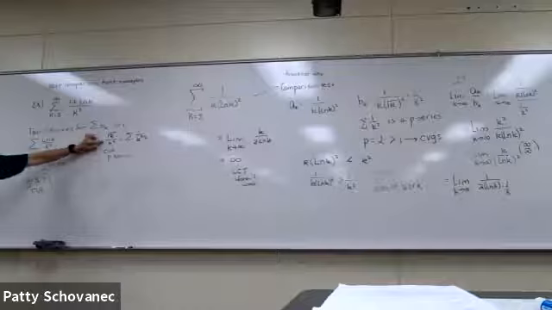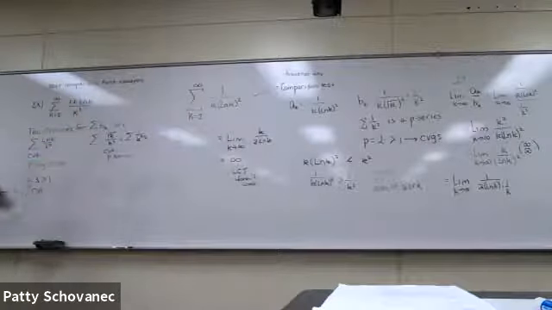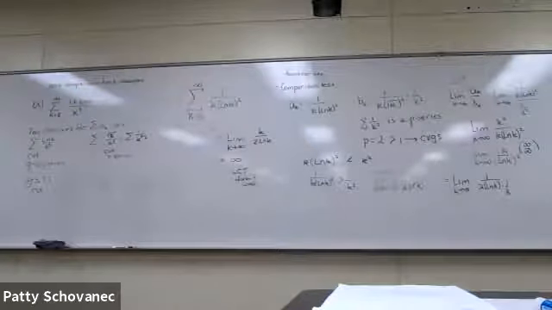This one, I can use the direct comparison test. I kept the denominator the same, but I changed the size of the numerator to something slightly bigger. So this is bigger than that, and that would make that a direct comparison. So let's do the limit comparison with this one.